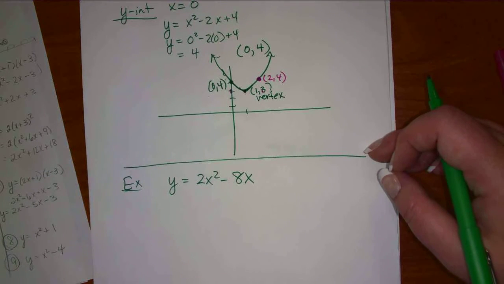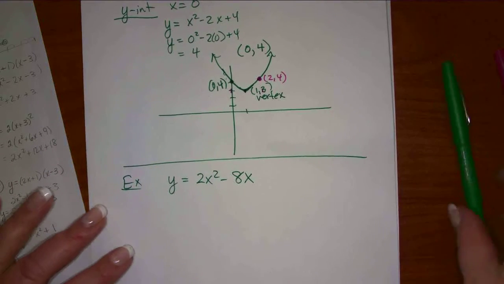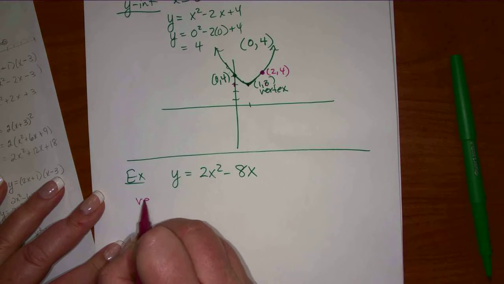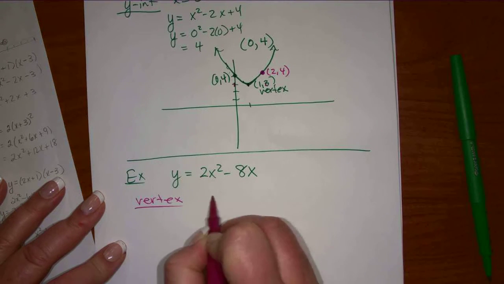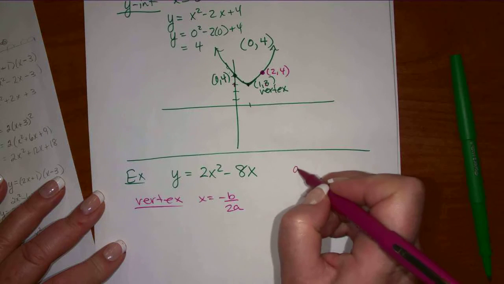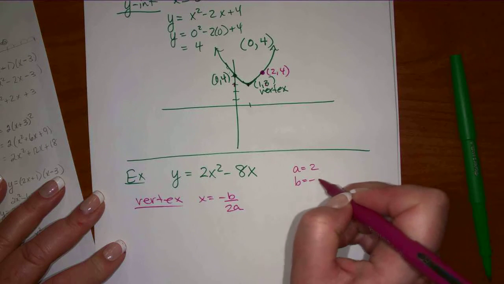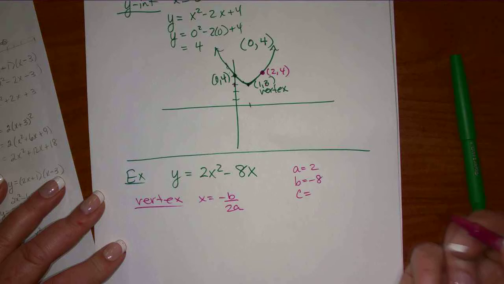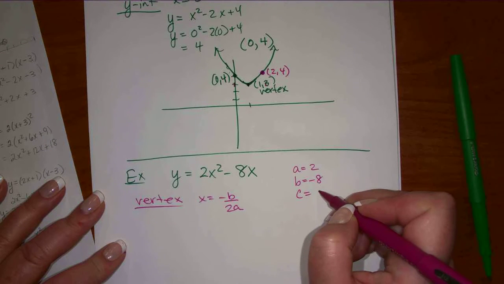So A is never missing here, because it wouldn't be a parabola. So vertex. X equals minus B over 2A. A is 2, B is negative 8, and C, in case we use the quadratic equation, is 0, because it's missing.